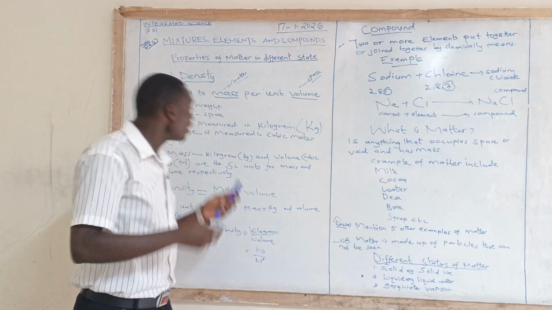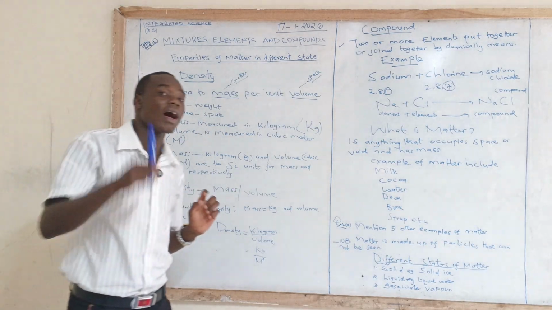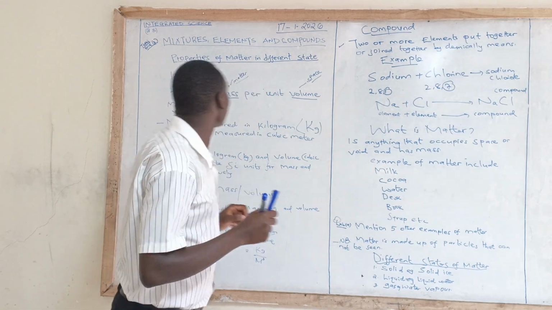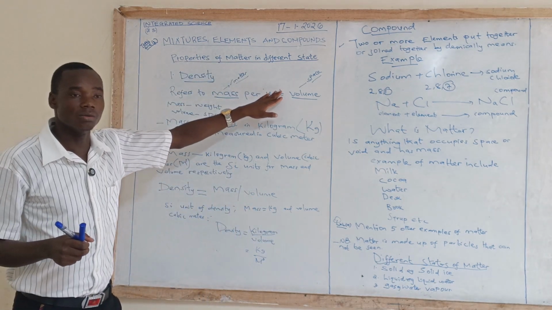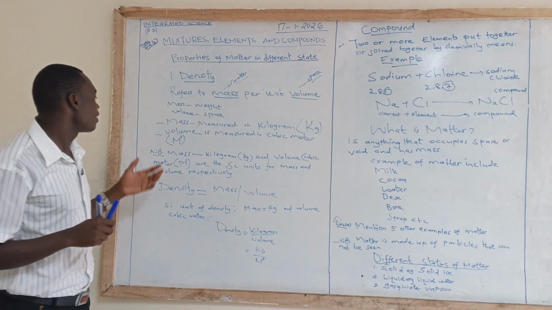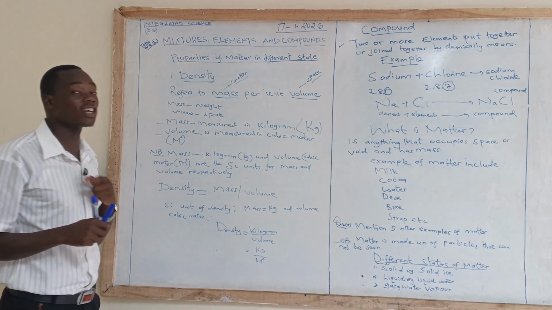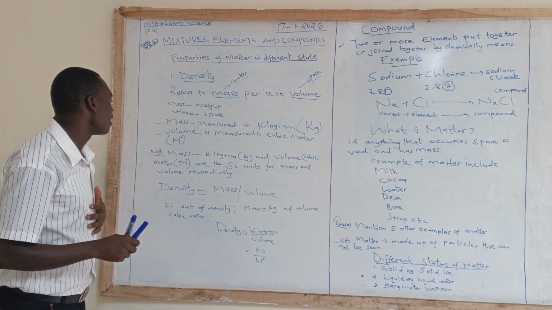So whenever you ask the meaning of density as a learner, you have to know that density refers to mass per unit volume. There must be mass, there must be volume. And therefore, mass is measured in kilogram, volume is measured in cubic meter.